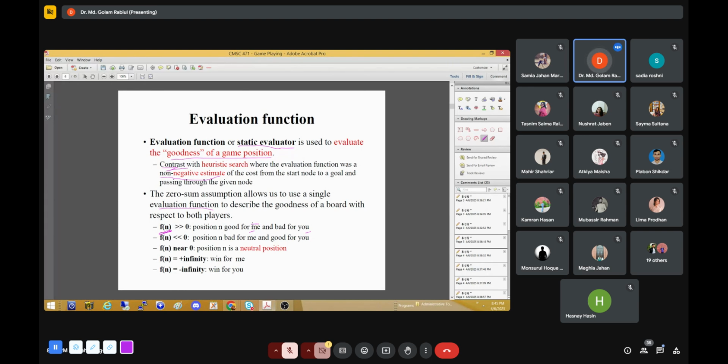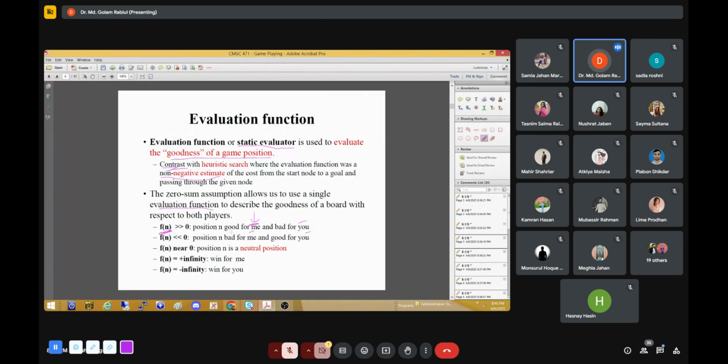If we think about you and me, okay, so that means me is the AI agent, and you is the opponent. In that case, you want to design an AI agent, so that's why me means the AI agent. So f of n is very much greater than 0, that means it is a positive number, or maybe we can say a large positive number, and then that position is good for the AI agent but bad for the opponent.